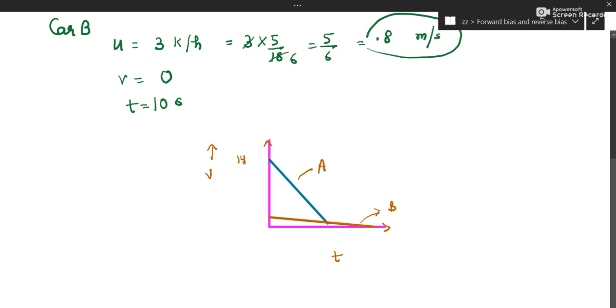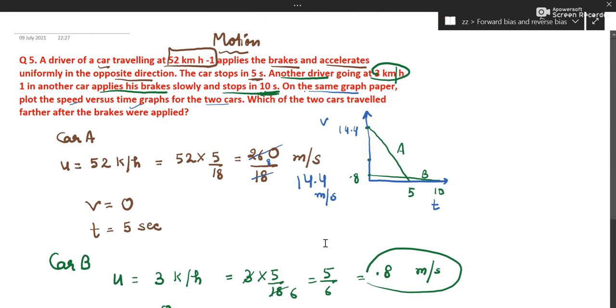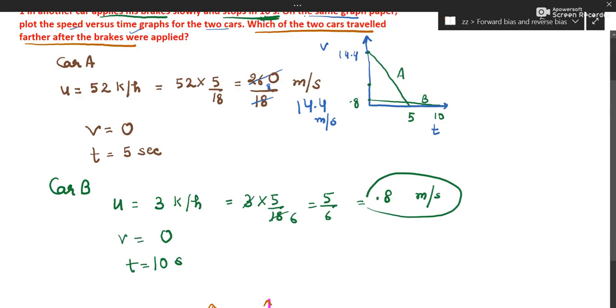First car's initial velocity is 14.4 meter per second. Second car is 0.8. It is taking 10 seconds to stop and this one is taking 5 seconds. Okay, so first job was to draw the graphs on the same paper. And what is the second question? Which of the two cars traveled farther after the brakes were applied?